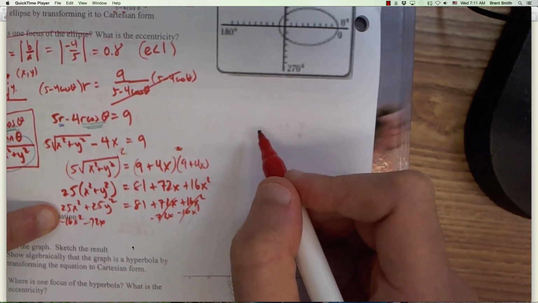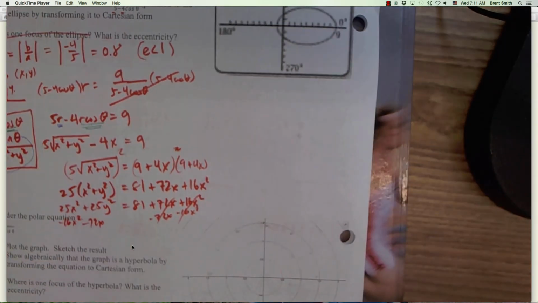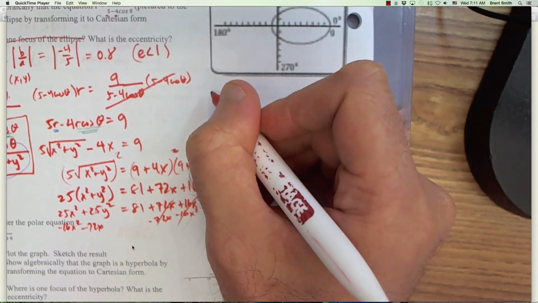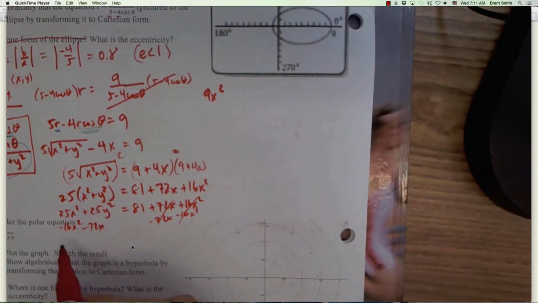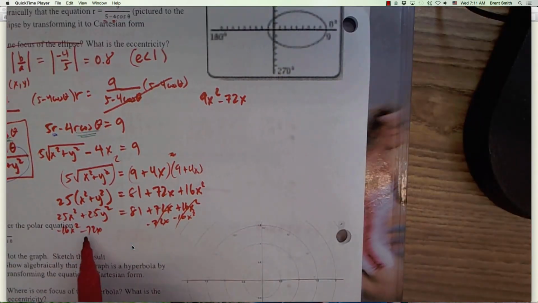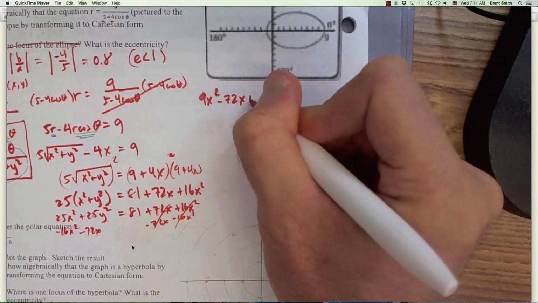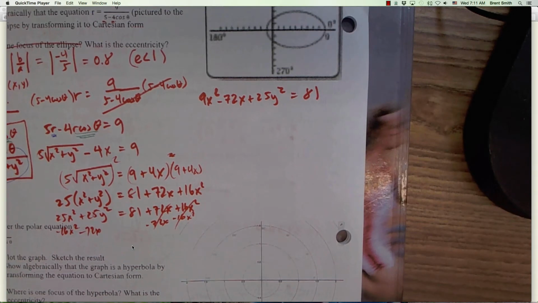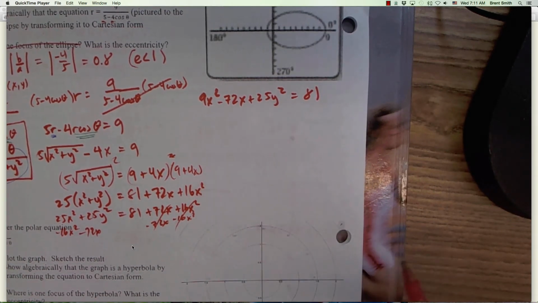So I had 25x squared minus 16x squared, which is going to give me 9x squared. And then I've got my negative 72x. Let's see, I've got plus 25y squared equals 81. So finally this kind of looks like our general form if the 81 was over here.